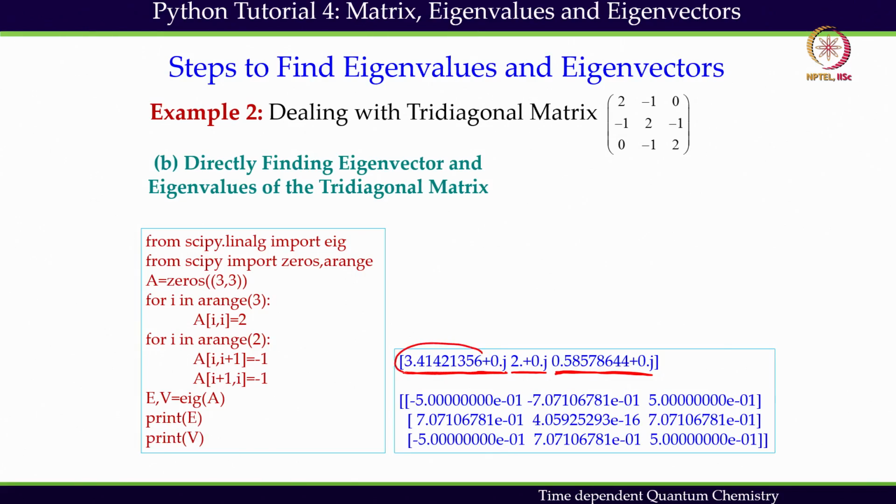There are 3 eigenvalues I have, and corresponding eigenvectors are the following. This is one eigenvector, then this is the right eigenvector corresponding to this, and corresponding to this is another eigenvector. So, there are 3 eigenvectors I have already found, and these will all be in matrix representation.